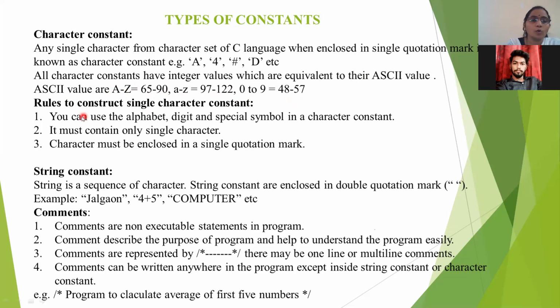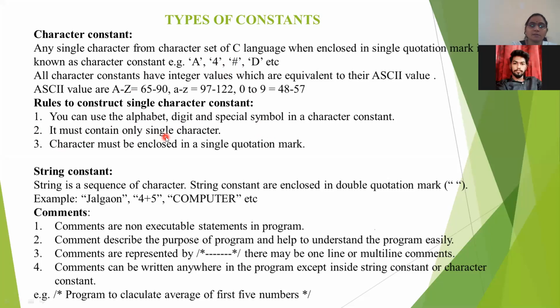Now, what are the rules to construct the single character constant? You can use the alphabet, digit, and special symbol. As in the example, I have used the alphabet, then digit, and the special symbols. You can use any character. It must contain only a single character. Remember that the character constant does not consist of more than one character, means two characters, three characters, or five characters.